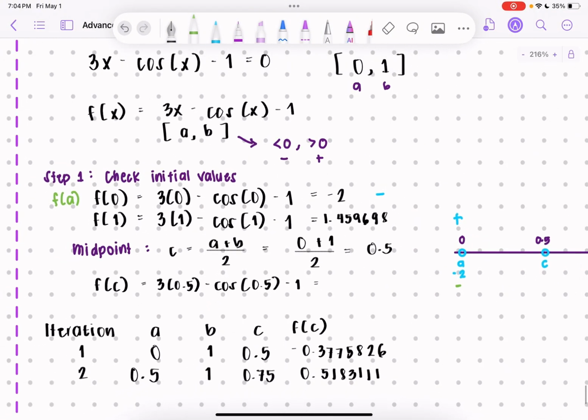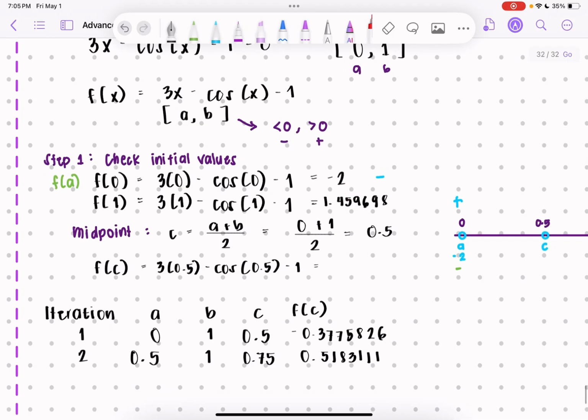Plugging 0 to the equation, you will get negative 2. And for f of b, plugging 1, since 1 is the value of b, you will get 1.45968. So our f of a is negative and our f of b is positive.